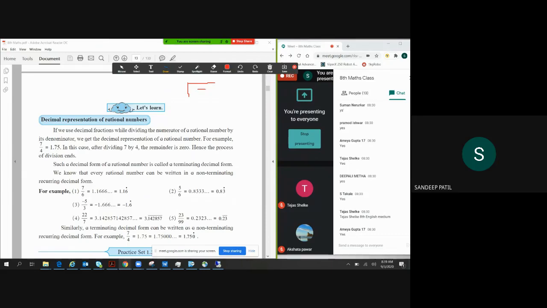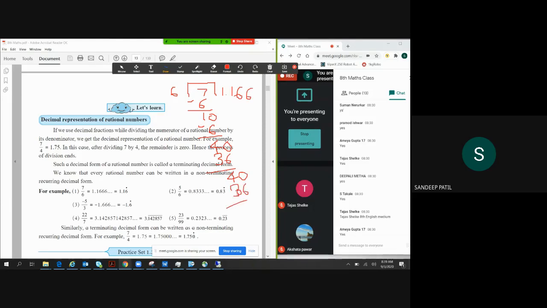So this is a 7 and this is a 6. Okay, so we know that 6 ones are 6, and if we take 1, then point, 6 ones are 6, then again remainder is 4, and if we take 4 again, then 6, 36, again 4, if we take 0, again 6.